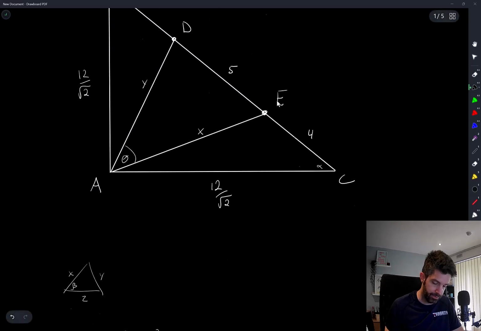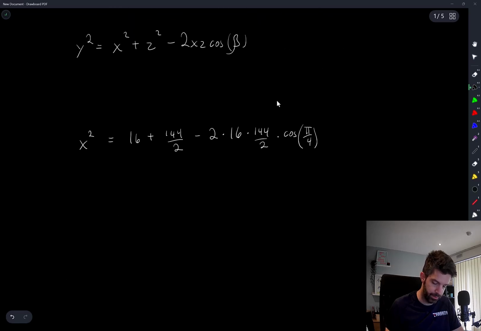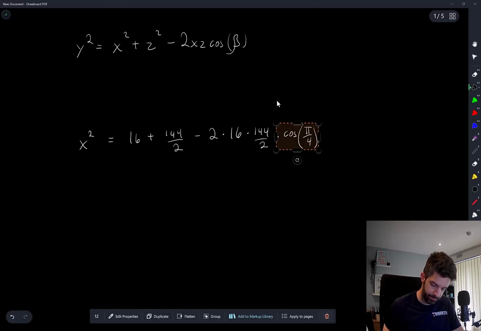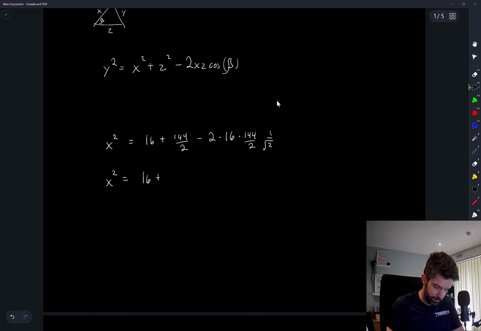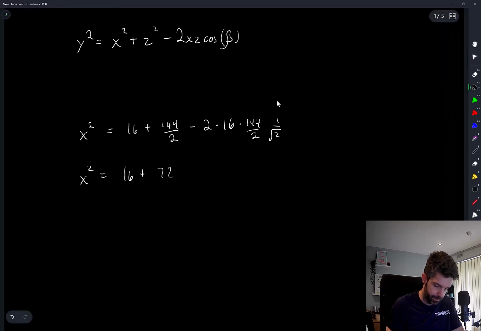Cosine of 45 degrees is also 1 over root 2, right? Should I simplify this all? 16 plus 72 minus 16 times 144 over root 2.